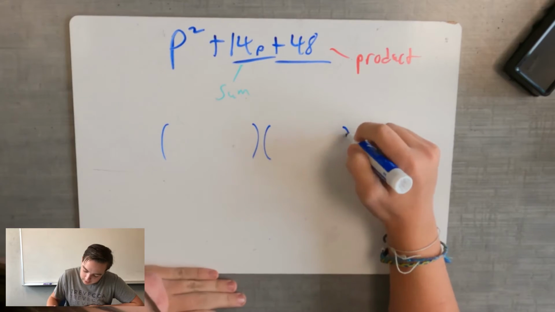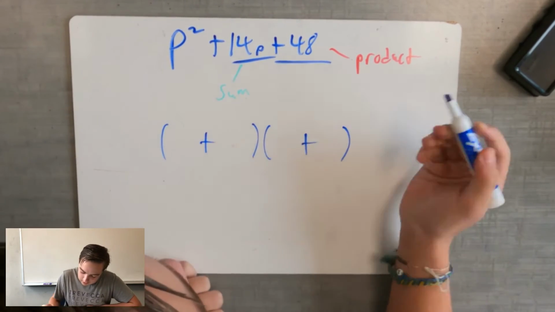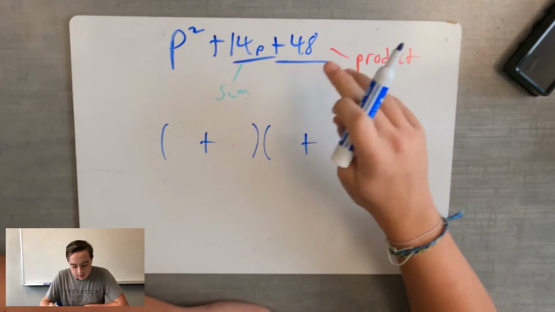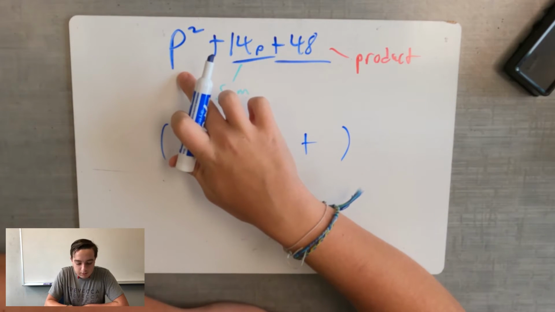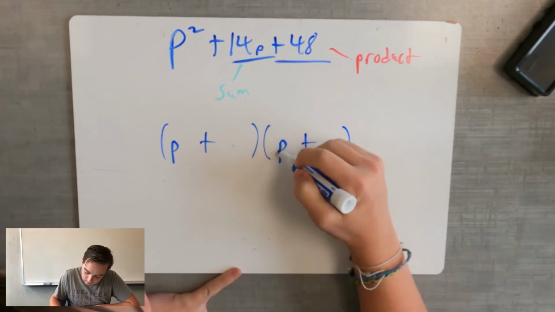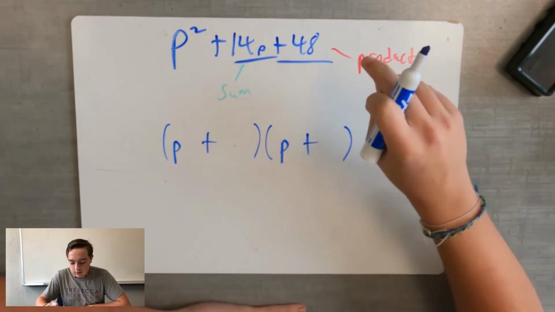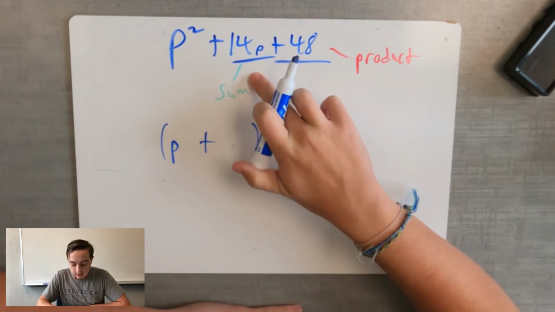Since we're adding all the way, we're going to put both plus signs in the parentheses. First we need to find what two numbers multiply to p squared. That's just p. Now we need to find what number multiplies to 48 but also adds to 14.